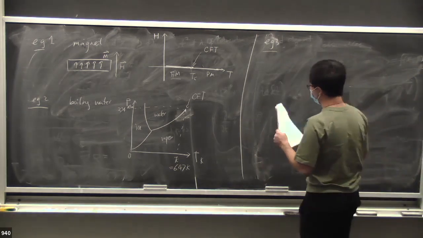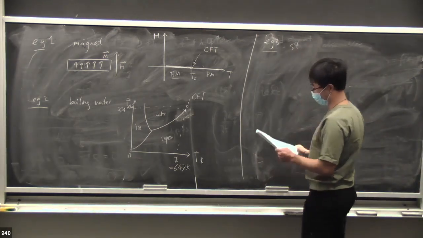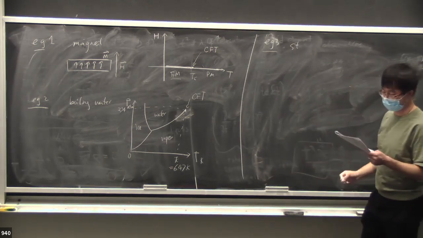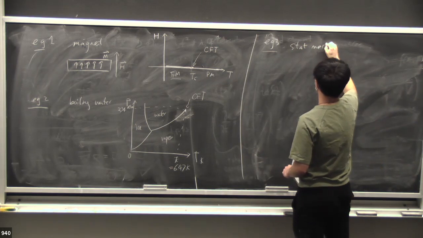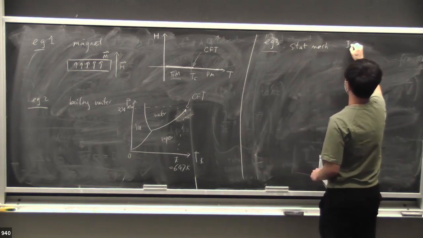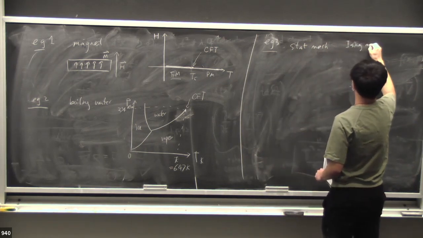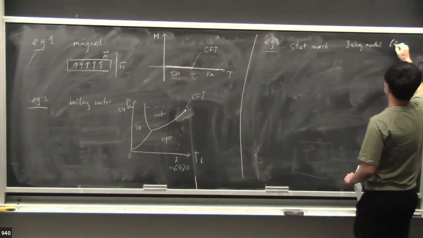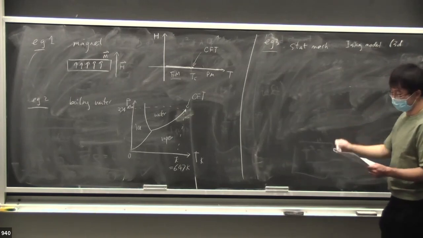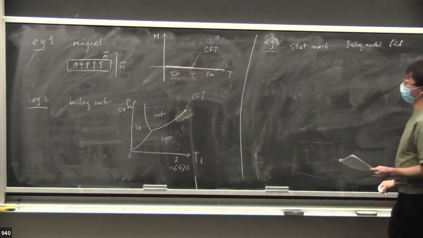So a third example is a back-of-the-envelope example. It's a stat mech model, sometimes known as the Ising model. Let me focus on the case when the underlying lattice of this Ising model is a three-dimensional square lattice.